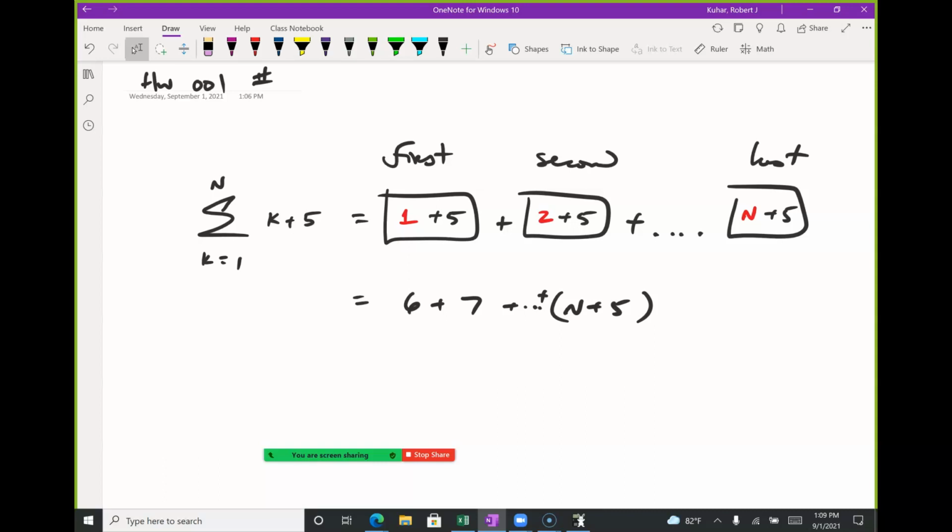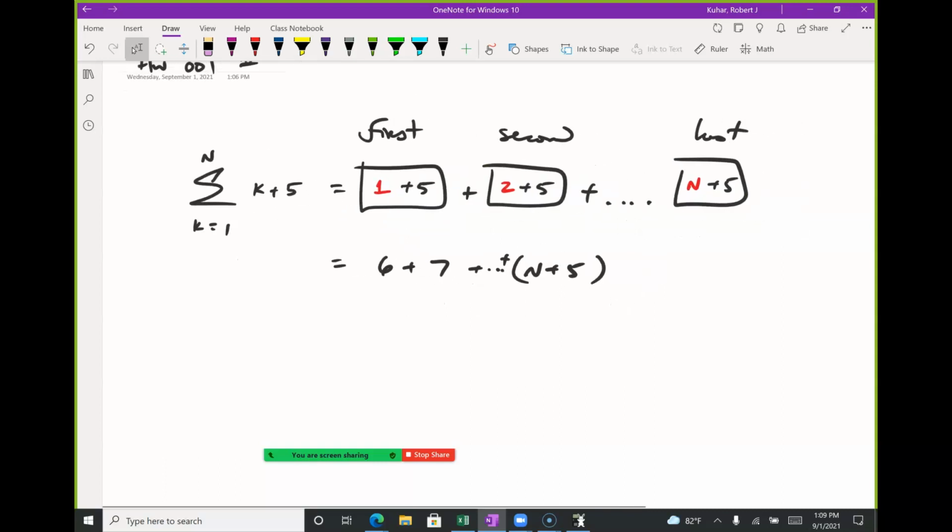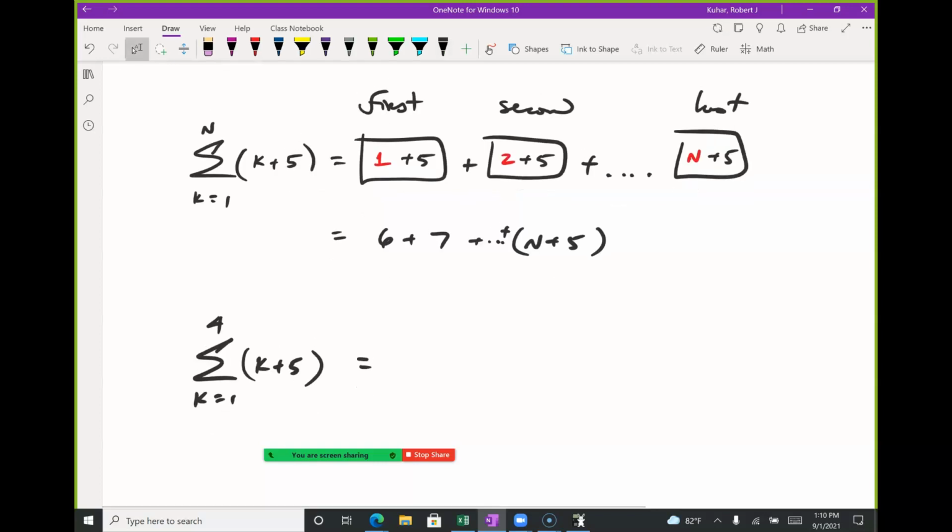So this particular one is quite interesting. If I say I want the sum from k equals 1 to, let's say, 4 of k plus 5, okay? Because I have formulas for the sum of k and the sum of 5. And it should be pretty easy to see that this is the sum of k plus the sum of 5.